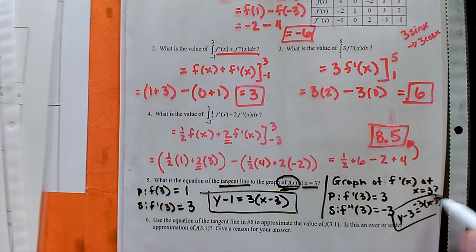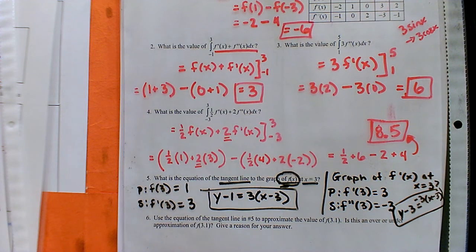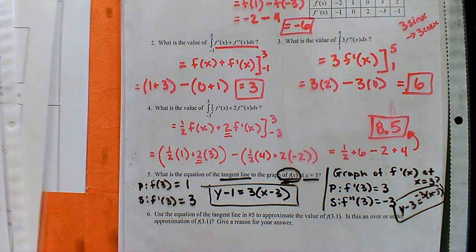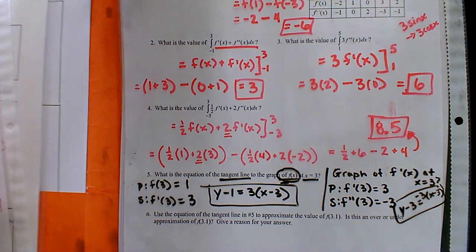There's a whole bunch of 3's, but each 3 means something different. Moral of the story: we have to be careful as to which function we're actually using to draw the tangent line on. We're used to using f and f prime, but notice how we can switch it into f prime and f double prime. It's the same concept, just utilizing a different function.